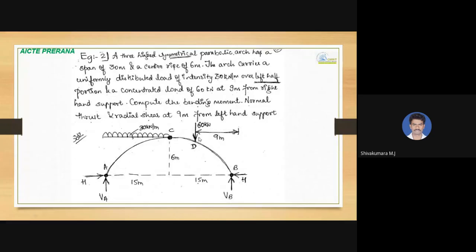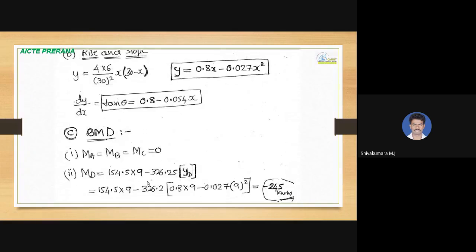Point D is taken here, it is shown also. At this point, what is the vertical ordinate height? We can determine it if we substitute the value of x. Then if we take moment at this point, we can determine the maximum moment. Maximum moment between C and B will act at D only.